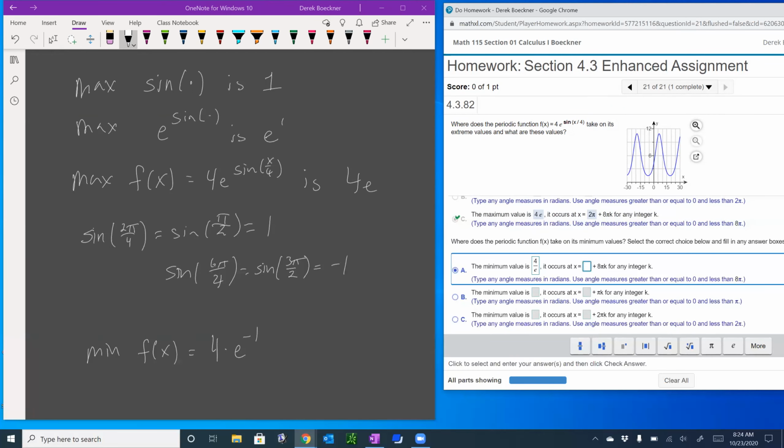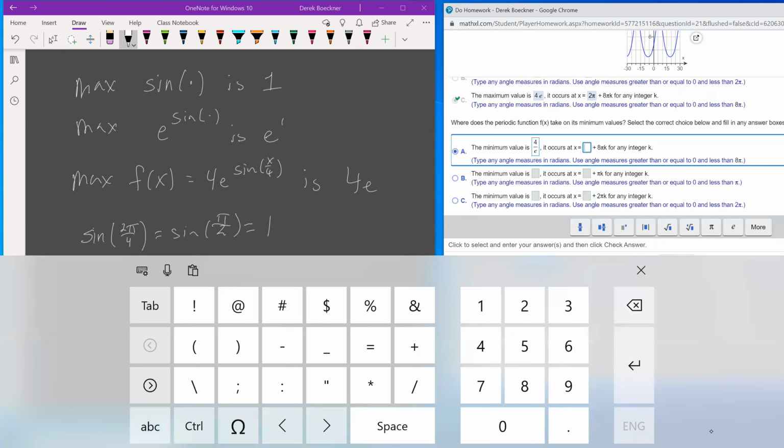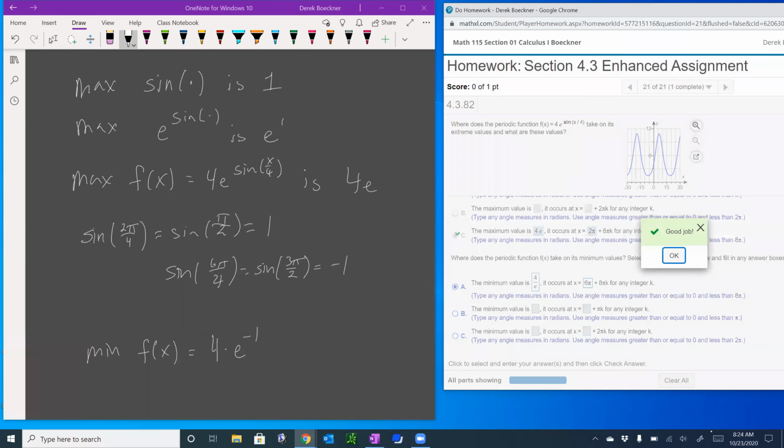And I just have to pick one of them. We found one where it's a minimum, and that was at 6 pi. So there's my minimum. It happens once at 6 pi, and then because it's periodic, if I add 8 pi to it any number of times, I find another minimum.